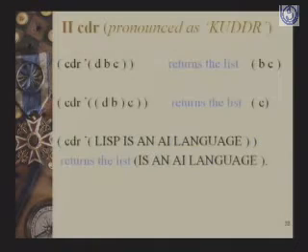Next. Now the second most important operation is CDR. The first operation, car, has to be applied only to a list. Here we must remember that both car and CDR, which I am going to explain in a while, can have only lists as arguments.